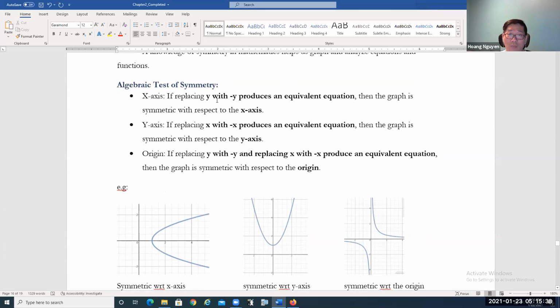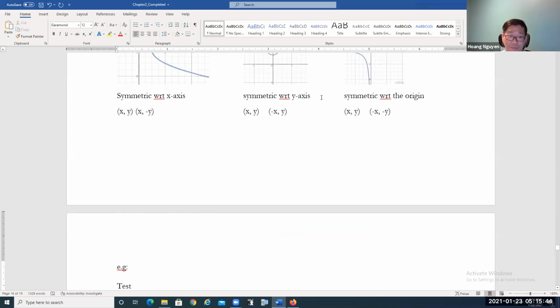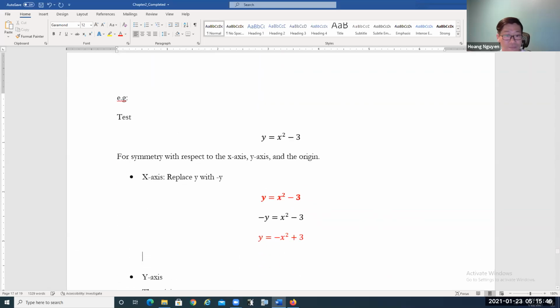When you replace y with negative y and don't get an equivalent equation, the answer is no. So this equation is not symmetric with respect to the x-axis. That's the first case.